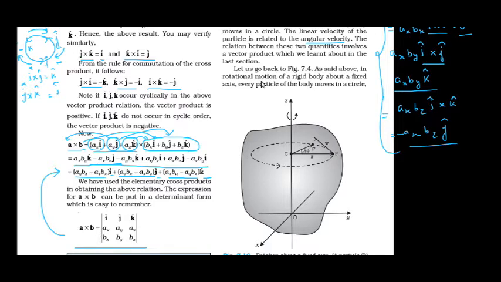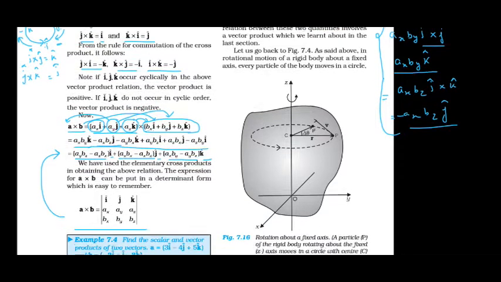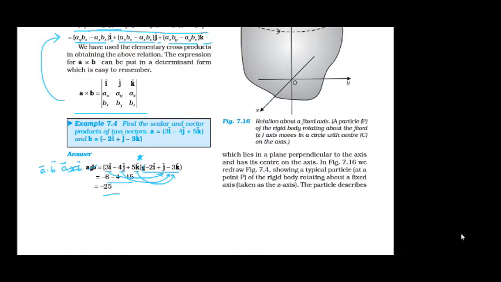As said above, in the rotational motion of a rigid body about a fixed axis, every particle of the body moves in a circle, which lies in a plane perpendicular to the axis and has its center on the axis. In figure 7.16, we redraw figure 7.4, showing a typical particle at point P of the rigid body rotating about the fixed axis taken as the z-axis.